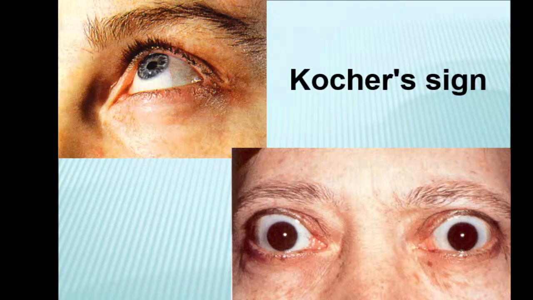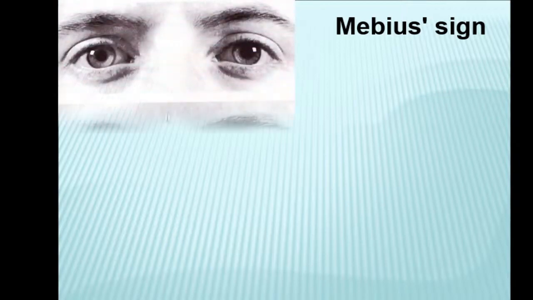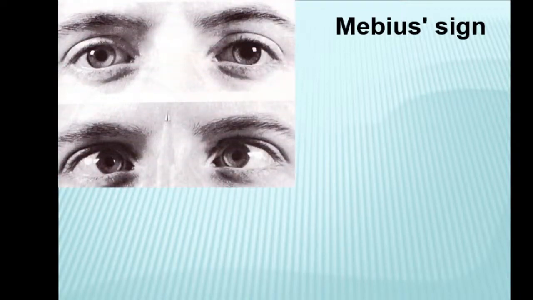Same sign. White strip between upper eyelids and iris. But if it's revealed when the patient looks downward, positive Graefe. When upward, positive Kocher.